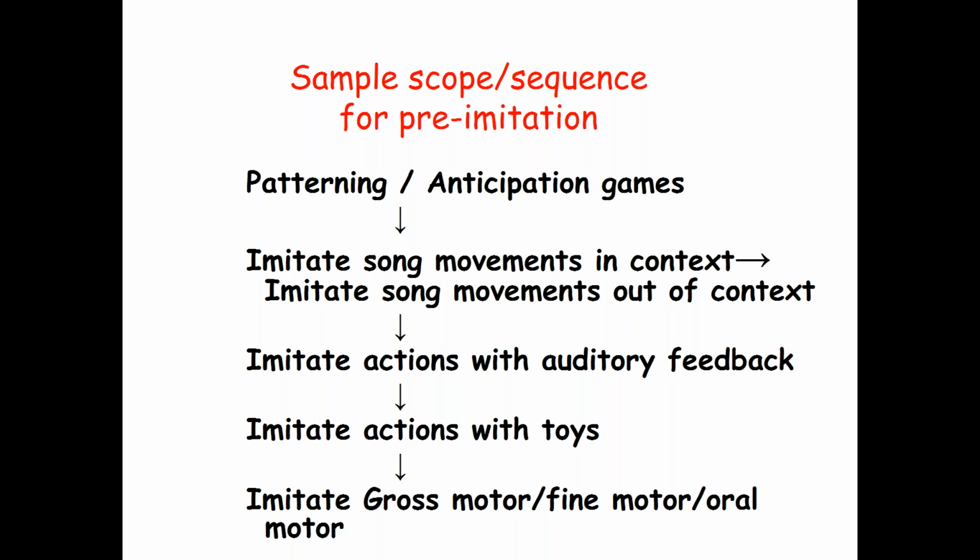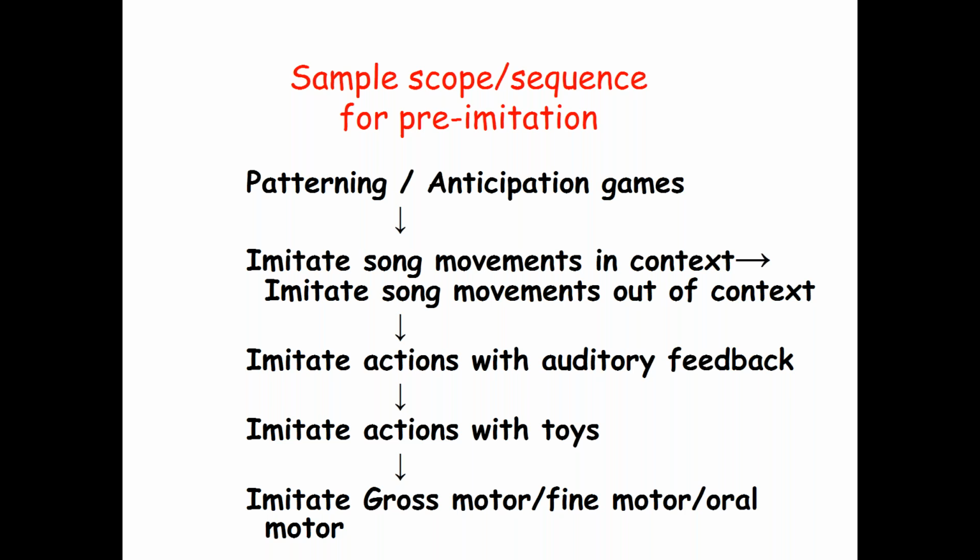And what I would notice when I was doing evaluations with the other staff members on the team, is that the only items that the student would imitate were when the interventionist actually did what the toy is supposed to do. So if I picked up a tambourine and banged on it, he would pick up the tambourine and bang on it. But if I picked the tambourine up and put it on my head, he would pick the tambourine up and bang on it. So he was doing what the toy did, not what the person operating the toy did.